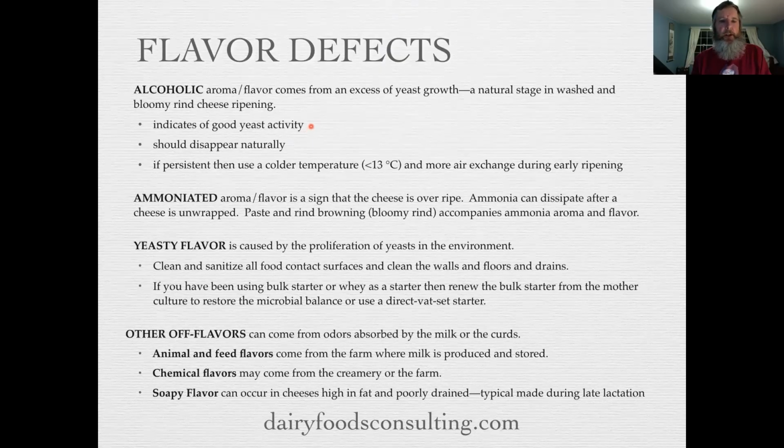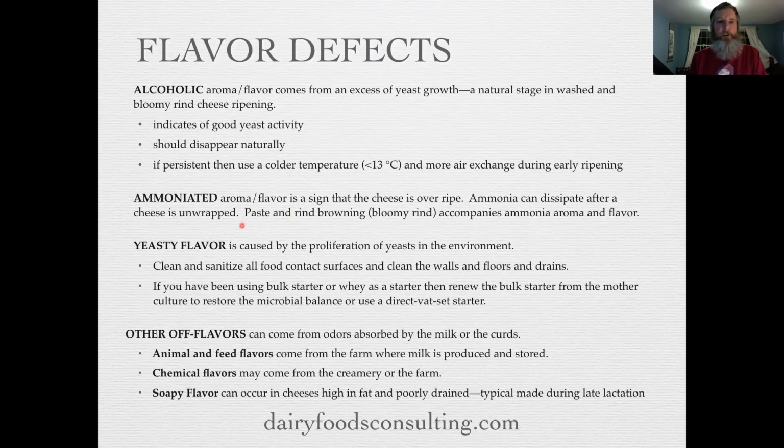It's not really a defect, but if it's persistent, then we can use a colder temperature and exchange the air more to help diminish the growth of the yeast. And some of them are very interesting aromas. There's even one that's a little bit like bananas that you can get going in your aging room if you're not careful with the air exchange.